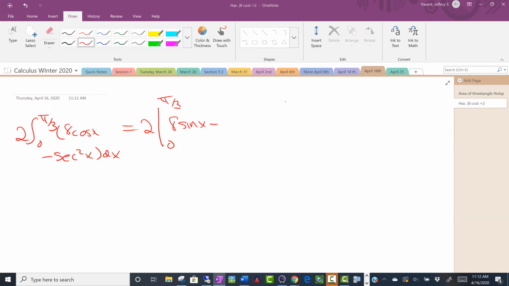So minus tangent of x, which is going to be 2 times, let's see, 8 times sine of pi over 3 minus tangent of pi over 3, minus this at 0.